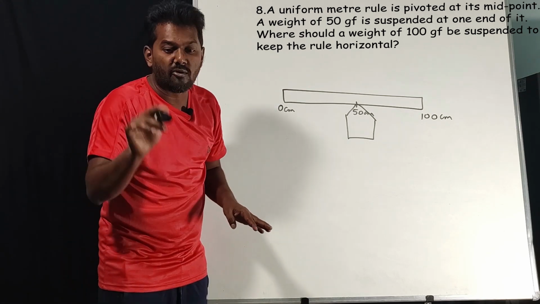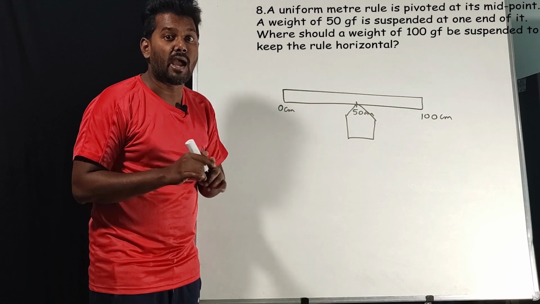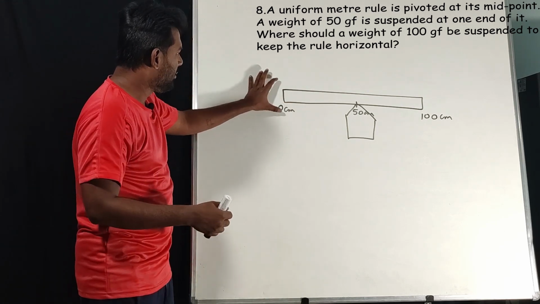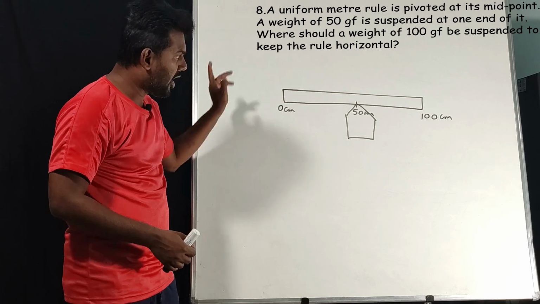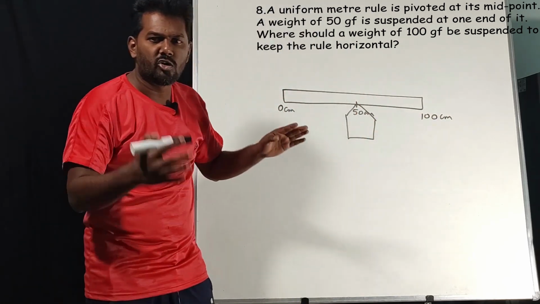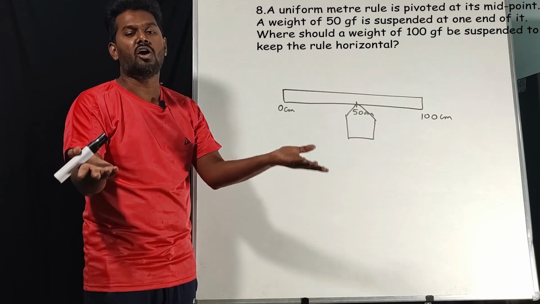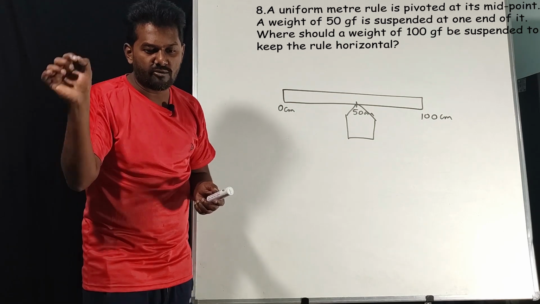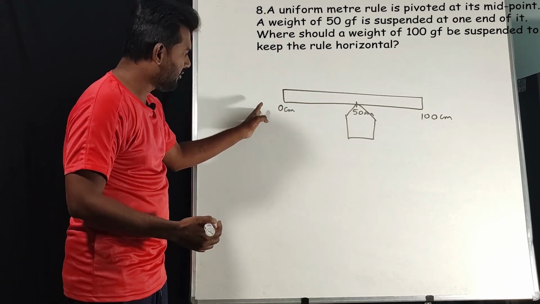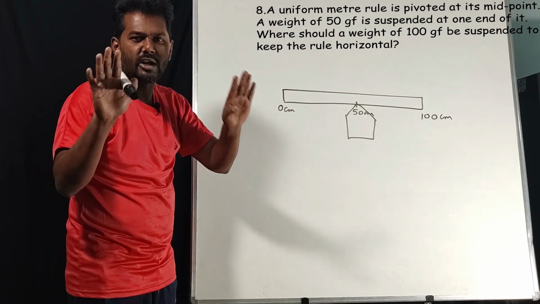So you are going to keep 50 GF at one end. This word is very much important. See, one end, it may be exactly at 0 or at the other end, exactly at 100. So you can keep it anywhere, because they have not mentioned. A 50 GF weight is suspended at one end, any end. If we take here or there, we are going to get the same answer.